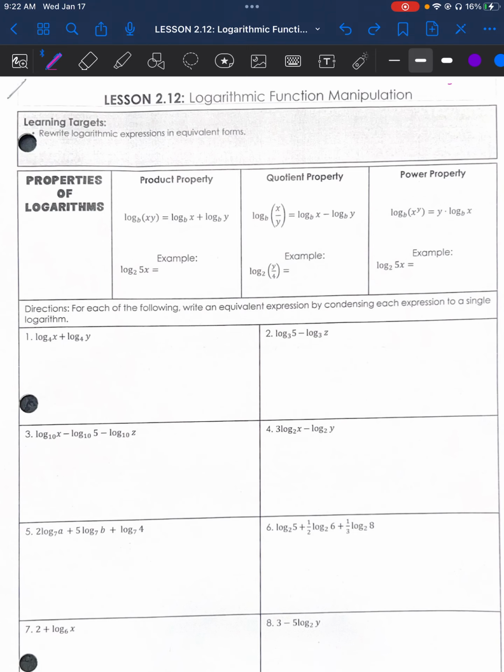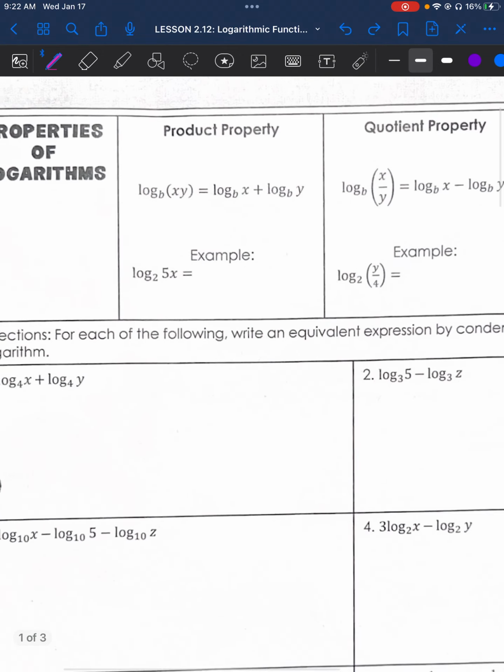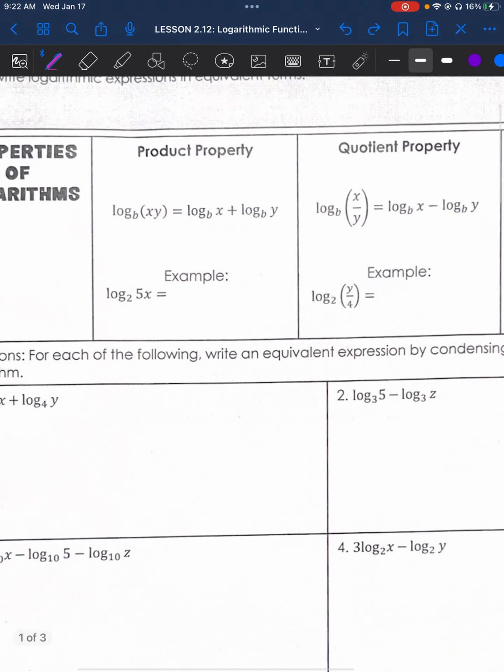And there's three properties we're going to talk about. So, for example, the product property. If you have the log, no matter what the base is, and you have two things being multiplied, you can split those up, and basically you split them up with a plus sign.